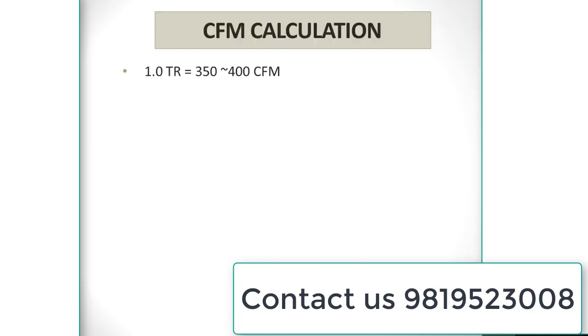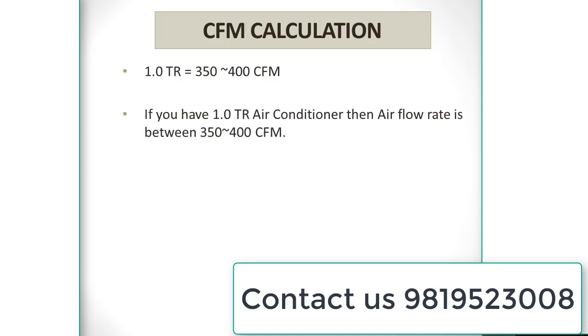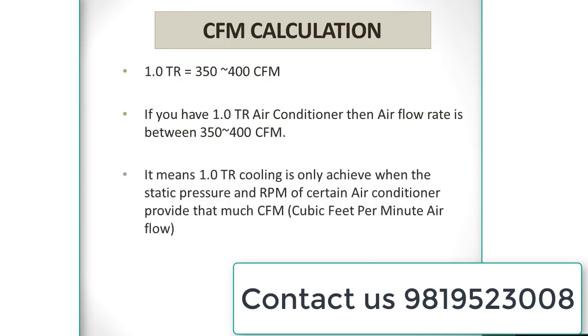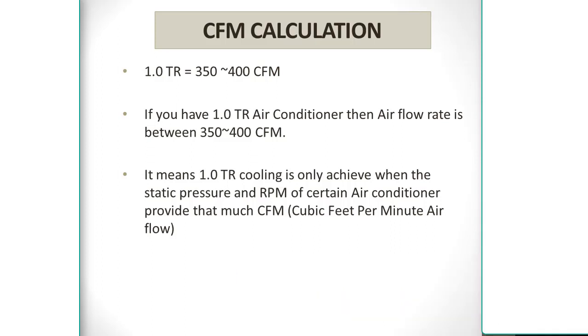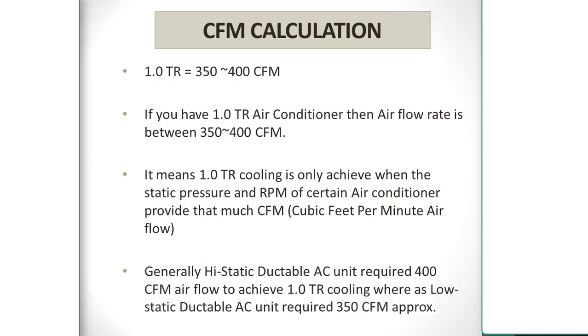CFM calculation. 1 TR is equal to 350 to 400 CFM. It means if you have a 1 TR air conditioner, then the airflow rate is between 350 to 400 CFM. That is, 1 TR cooling is only achieved when the static pressure and the RPM, that is revolutions per minute, of a certain air conditioner fan provide that much CFM, that is cubic feet per minute airflow.